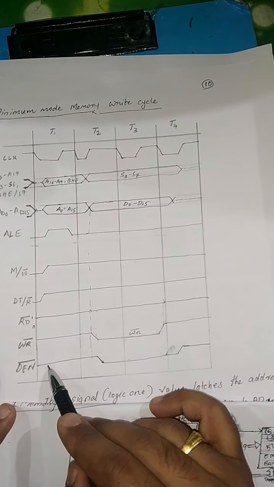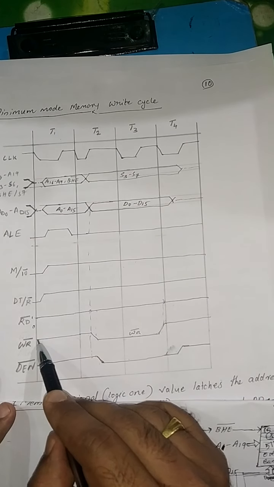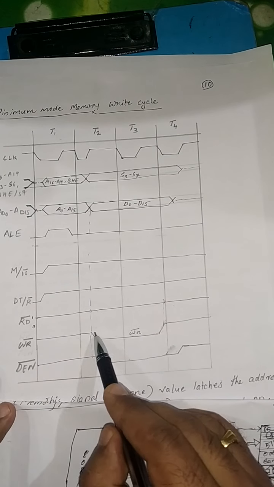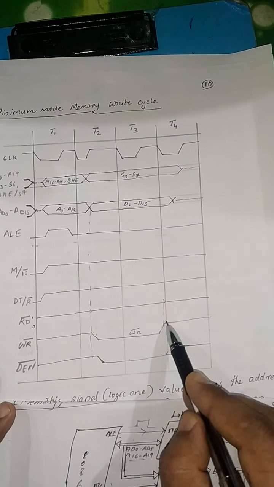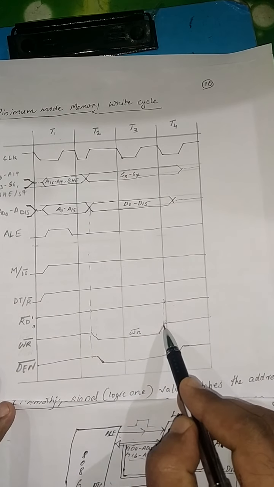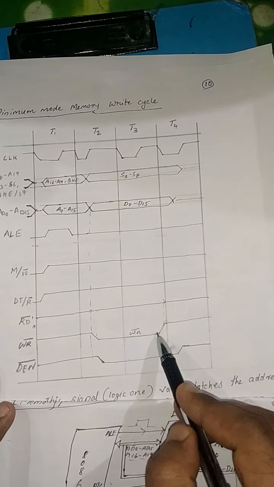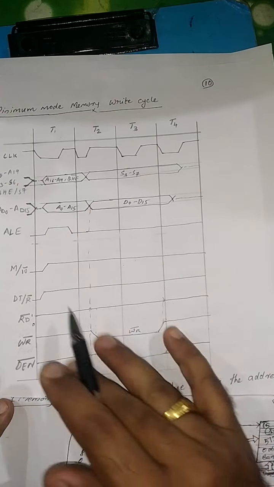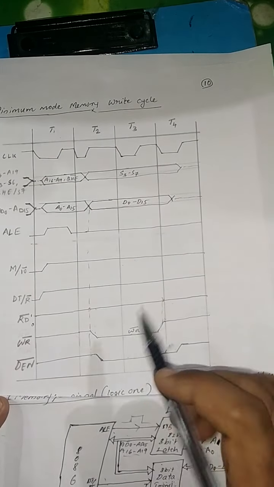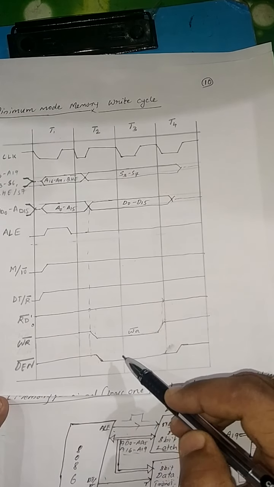Then data enable is as it is, and write bar will be logic 1. Here it will be logic 1. It will not go down here, because it is a read operation. So I am not drawing a memory read cycle here. You can convert this into a memory read cycle.